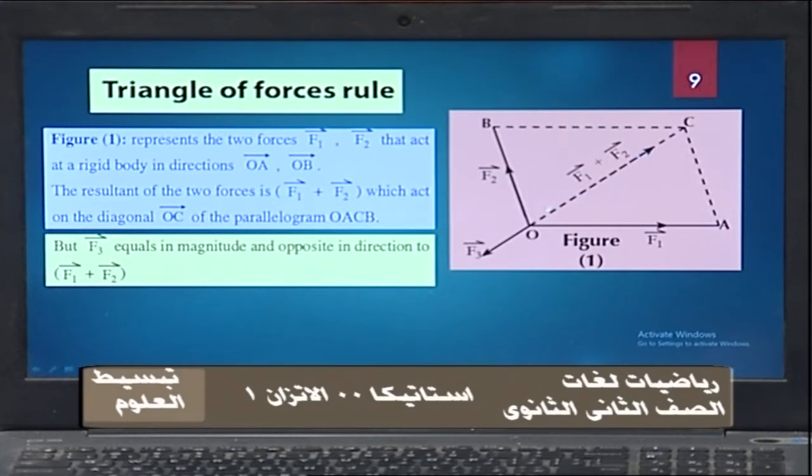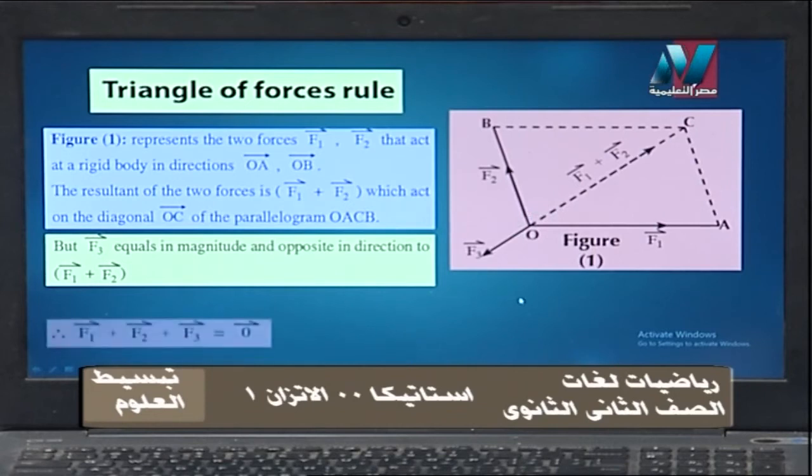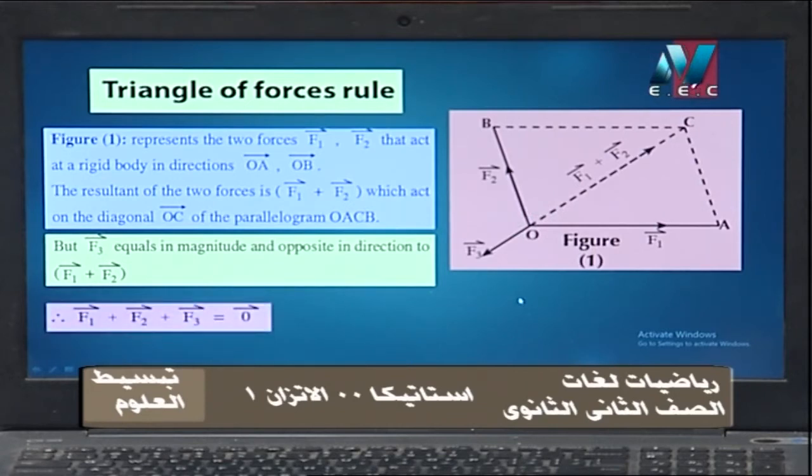And because of equilibrium, we can represent it by a third force, which is F3, but it acts in the opposite direction. So we have F3 here equal to the resultant of F1 plus F2, opposite in direction and equal in magnitude. So the body here is in equilibrium. So F1 plus F2 plus F3 equals 0.